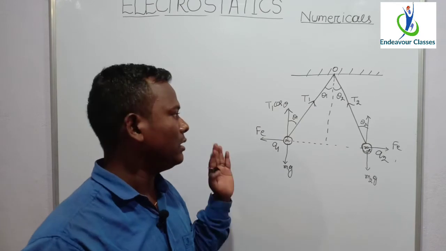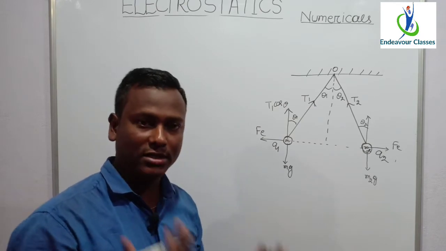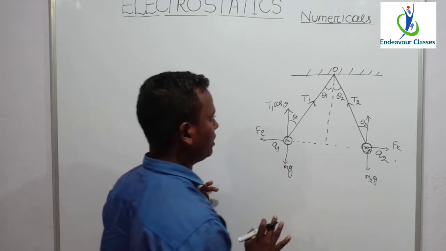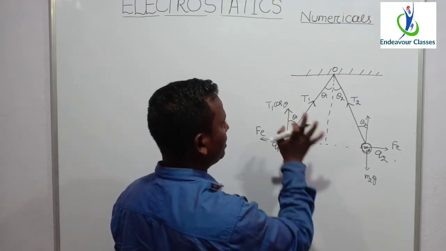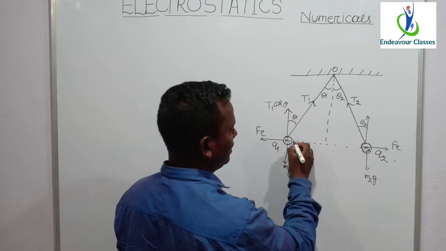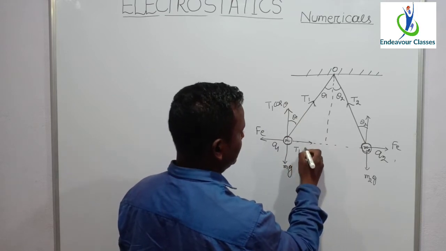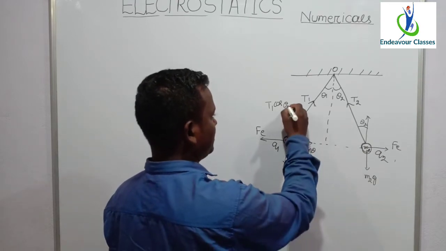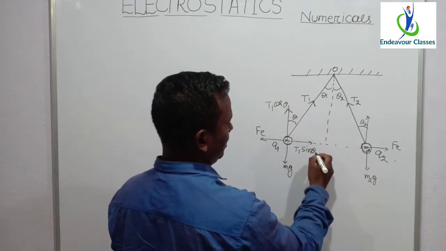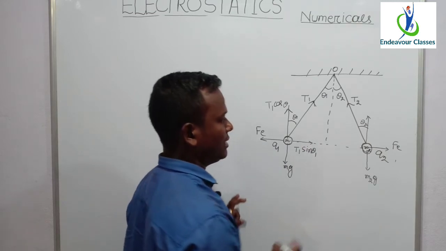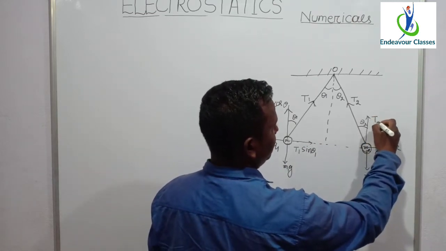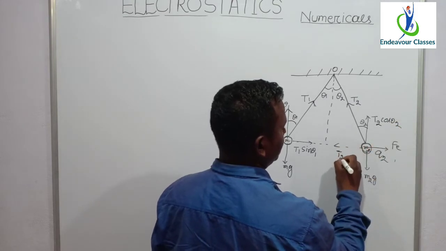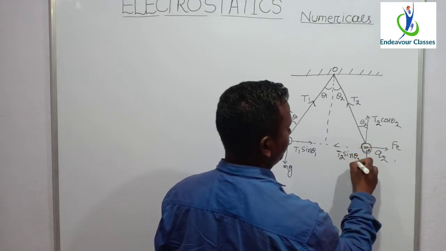Always remember, towards θ the component will be cos θ, and against θ the component will be sin θ. These are the two rectangular components of T1. So it will be T1 cos θ1 in the vertically upward direction, and T1 sin θ1 horizontally. Similarly, for the other string the components will be T2 cos θ2 and T2 sin θ2.